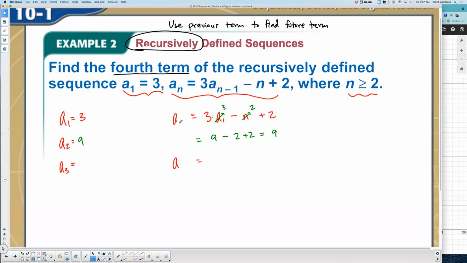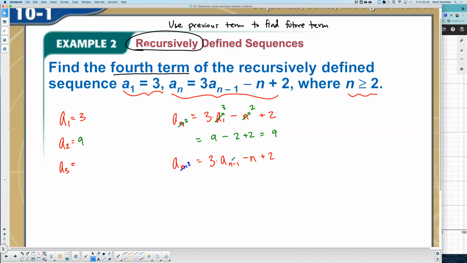The formula says an, and we substituted in a 2 there. So I'm going to just copy down the formula. It says an equals 3 times a sub n minus 1 minus n plus 2. This time, we're saying that n is 3.